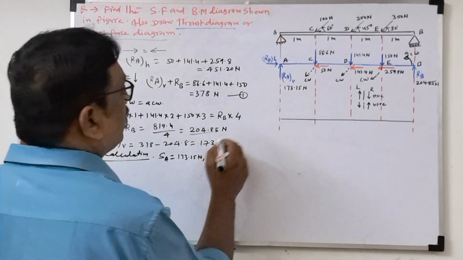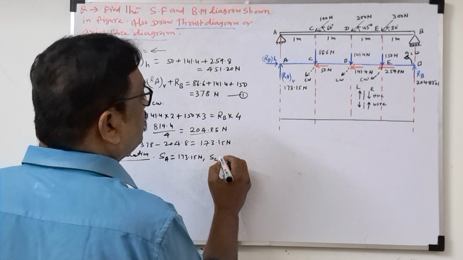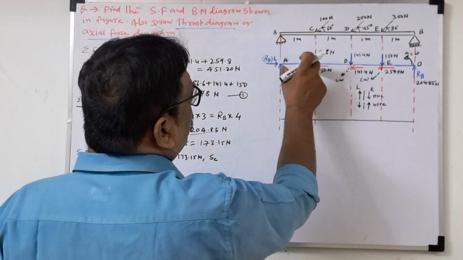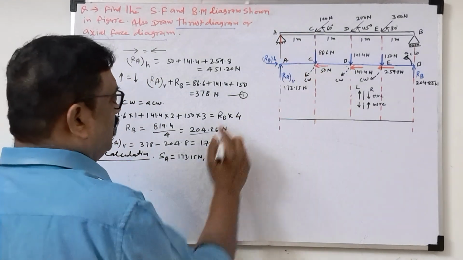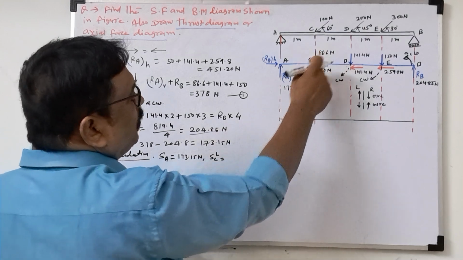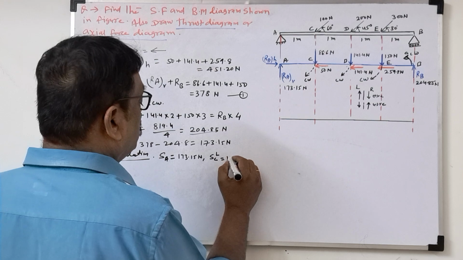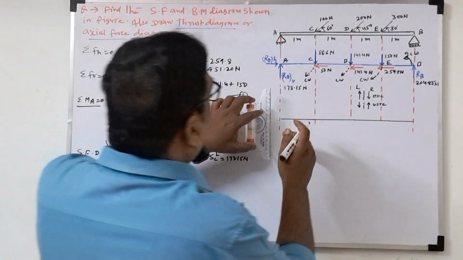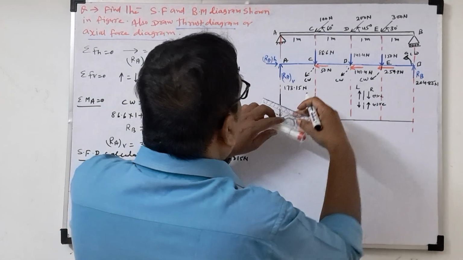We will draw it later. Now at point C. Between A and C there is no load. We are taking from the left side, so if we write SCL, that means this point load will not come here, just before point C. So the same thing will come, 173.15. Why am I drawing like this? For understanding. Suppose we take A, 173.